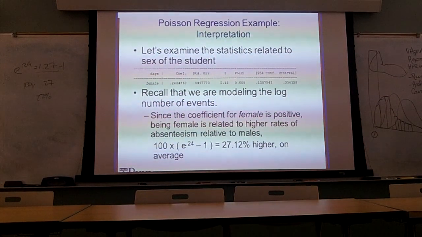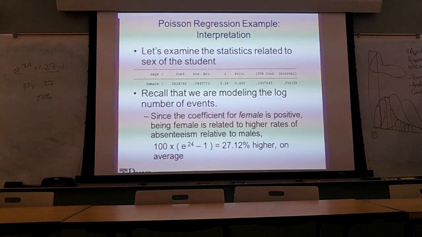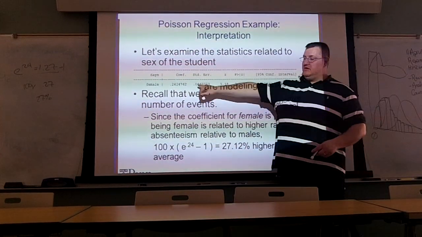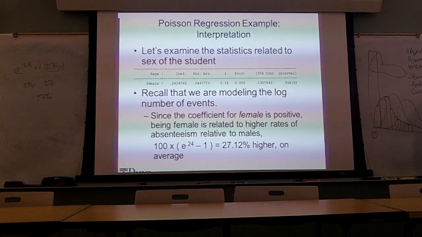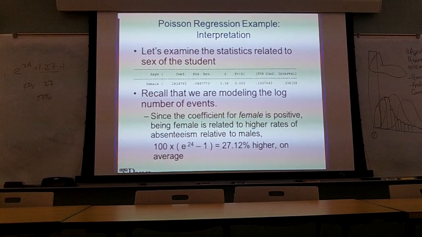The beta coefficient doesn't have a special name like a logit, because it's not a log odds. It's a log count. In a table for a Poisson regression, you would label that column coefficient or beta, and the exponentiated one would be the effect.